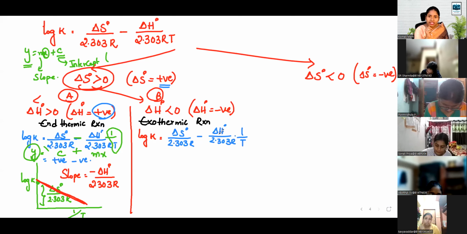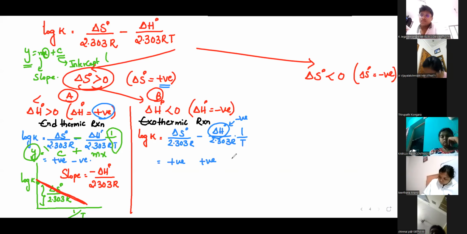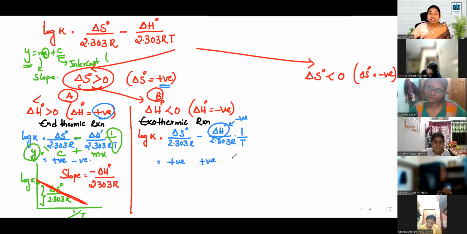So now this is negative, and negative into negative gives positive. Anyhow, delta S is positive only, but negative into negative, this term also becomes positive. In this case, the slope is positive. Why positive? Because this is an exothermic reaction. That is one of the conditions. Delta H is negative, and that negative, if you bring it here, will become positive.